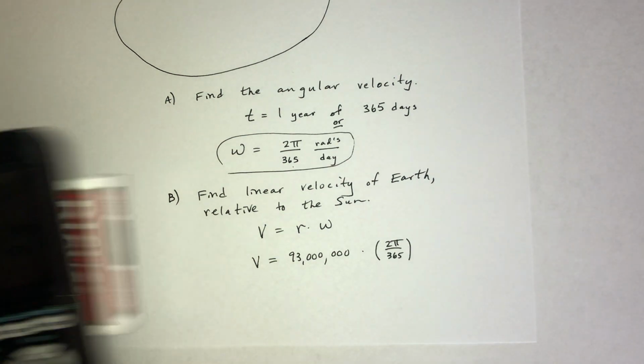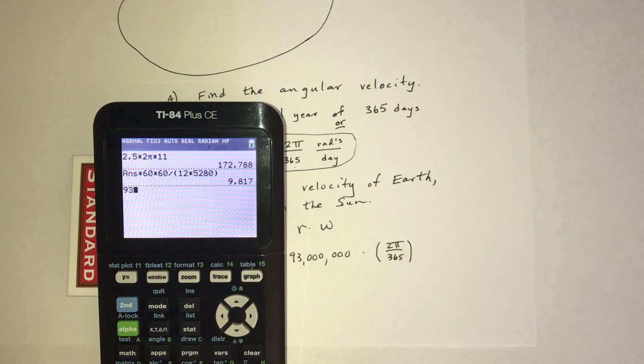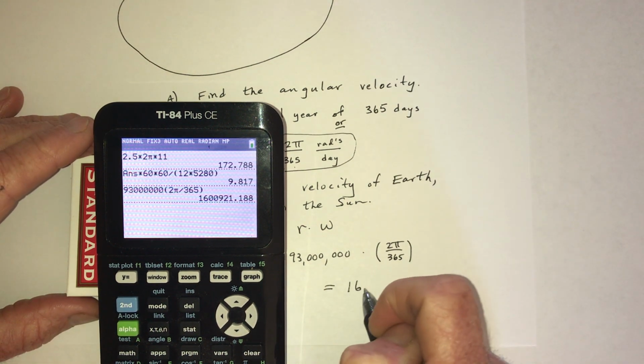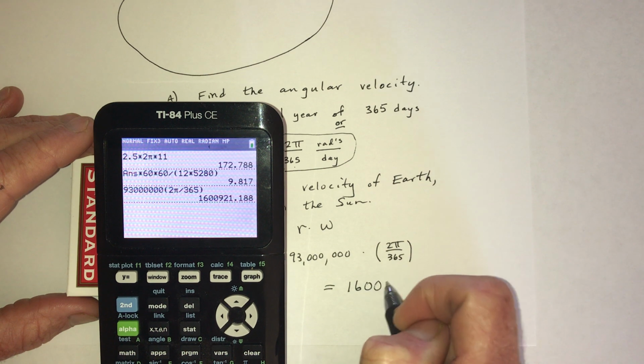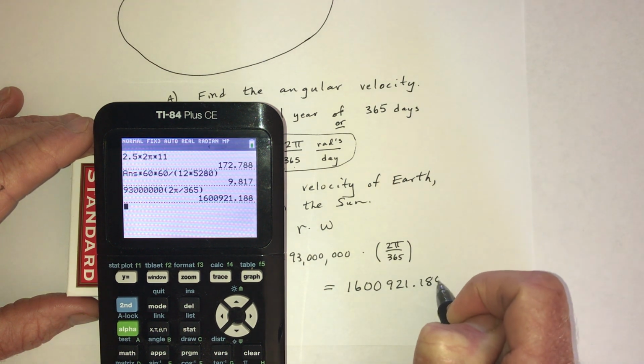So how much is that? 93 with 1, 2, 3, 4, 5, 6 zeros. Multiply that with 2 pi getting divided by 365. So that equals 1, 6, a couple of zeros, 921.188.